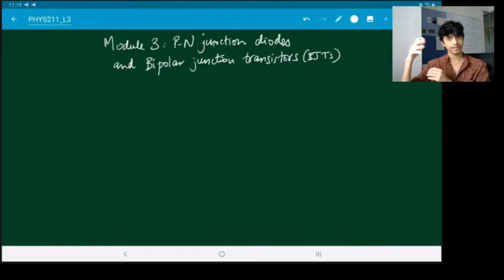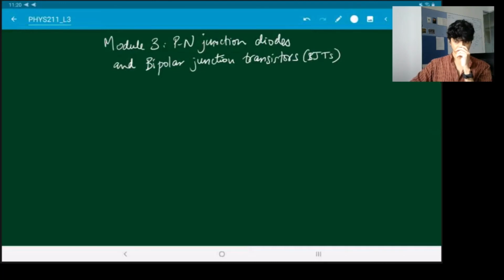You can start generating sine waves, square waves, triangular waves, and so on and so forth. So this is what we are going to be looking at in this module. We'll start with some basics of diodes, and then we'll go on to some basics of transistors, transistor biasing, and along the way we'll look at some applications, some complicated circuits that you can build with these components.